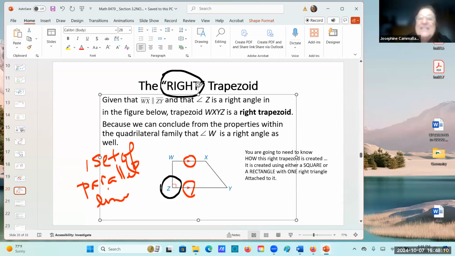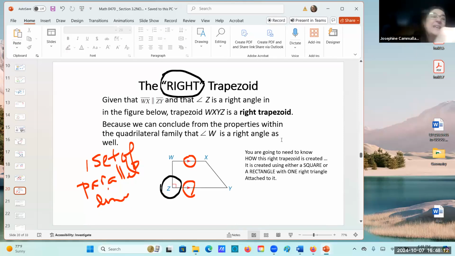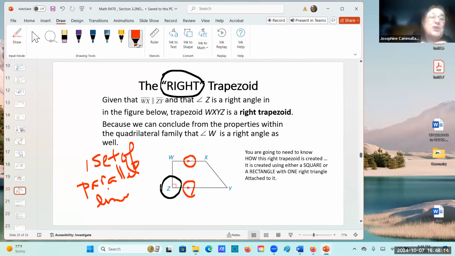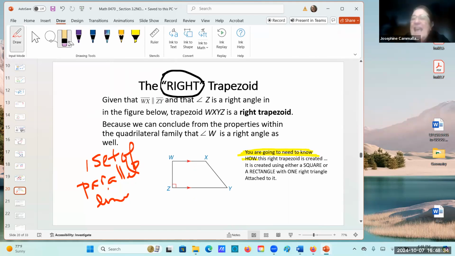This is something you're going to have to get used to. You're going to need to know how this right trapezoid is created. And you're going to say, well, why do I need to know that? Well, as we go forward, you are going to have to find lengths.